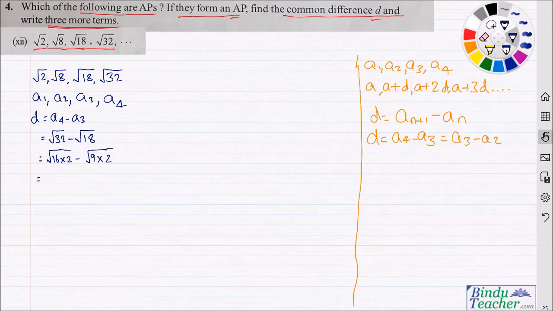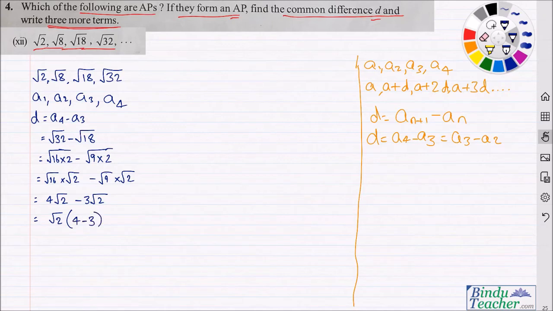So what we get is square root of 16 into square root of 2 minus square root of 9 into square root of 2. We get 4 root of 2 minus 3 root of 2. Here, keeping root of 2 as a common factor, I get 4 minus 3, which equals root of 2 into 1, which equals root of 2. So the common difference here is root of 2.